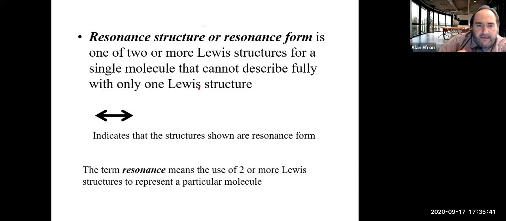For example, in carbonate, which I think we drew, you could have double bonded the oxygen on top, or to the left, or to the right, so you had certain options as to where you could put that double bond. Because you could draw more than one Lewis structure and they're all related to each other, they are what are known as resonance structures of each other.